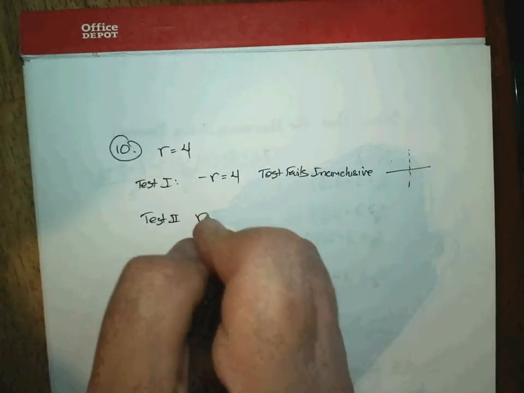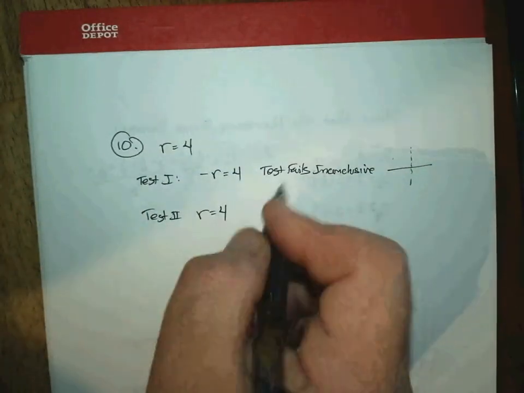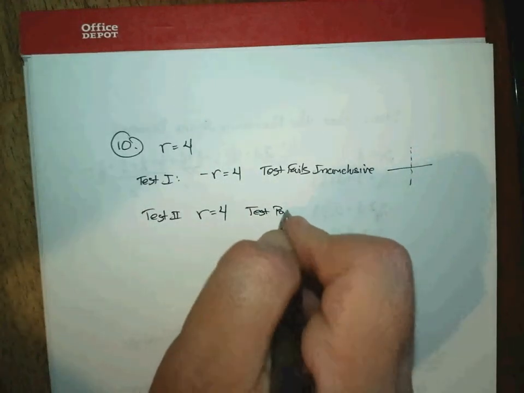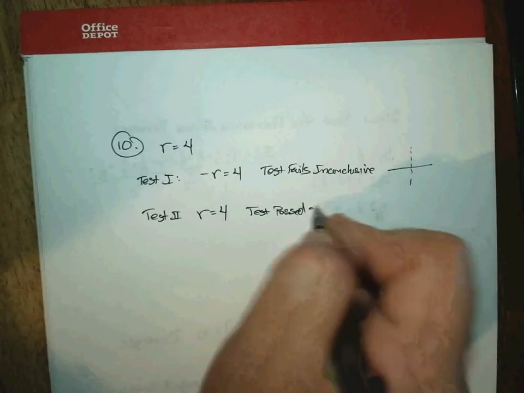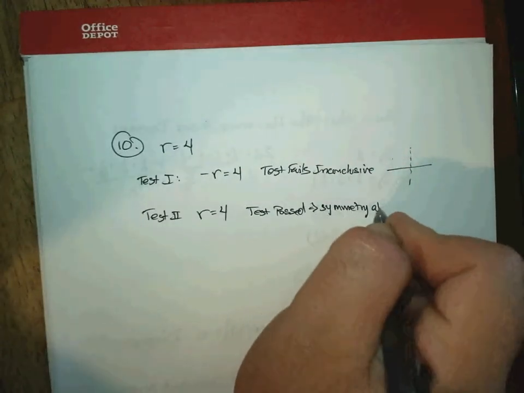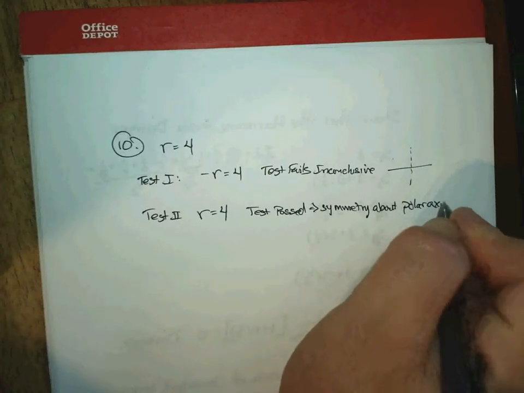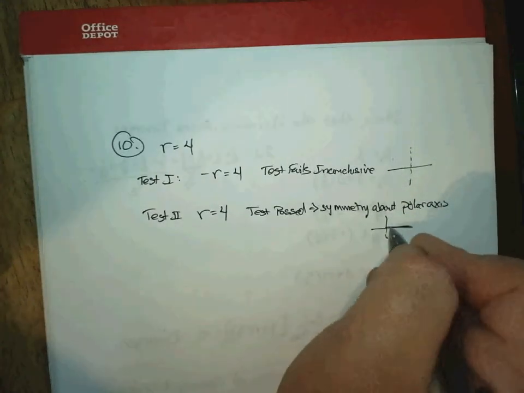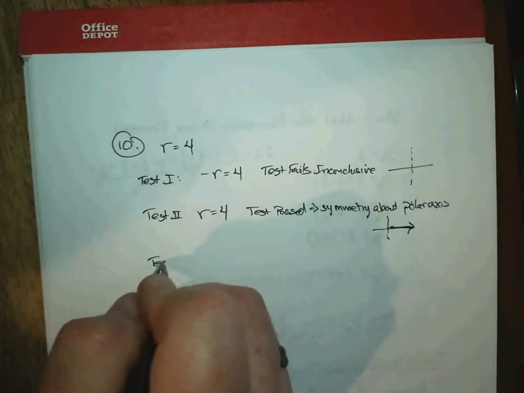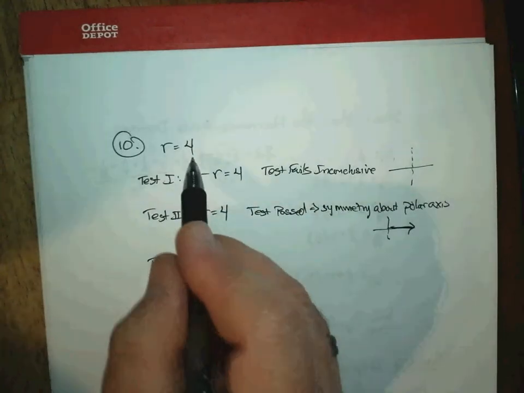Test 2. You replace the theta with negative theta. Well, there is no theta, so when you replace the theta with negative theta, you still get r is 4. Test passed. Means we have symmetry about the polar axis. Okay, about this line right here. There's symmetry. And test 3.